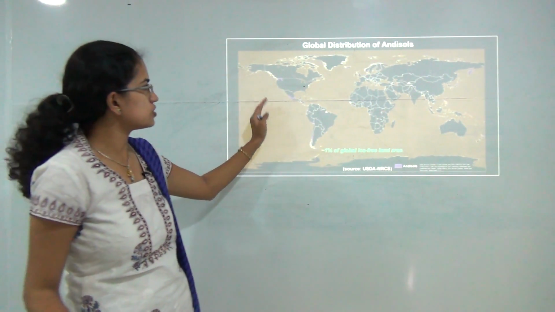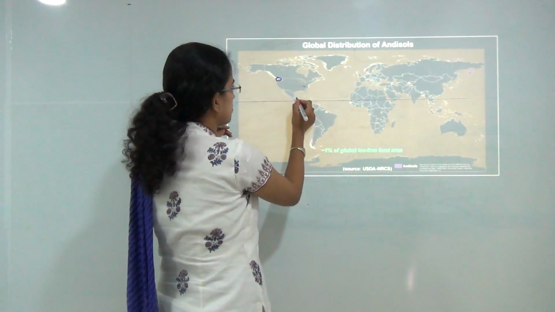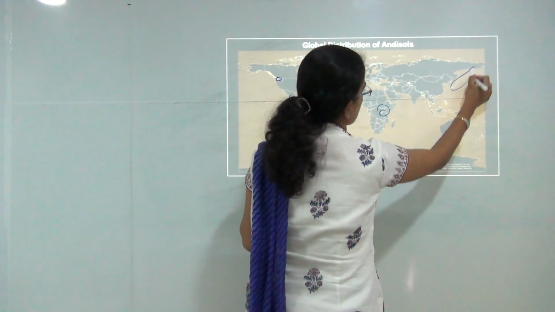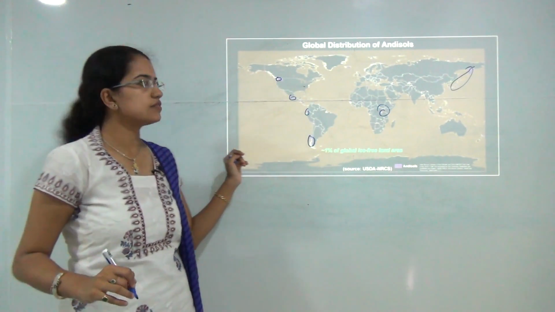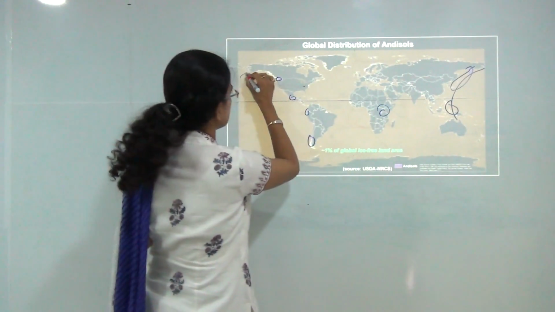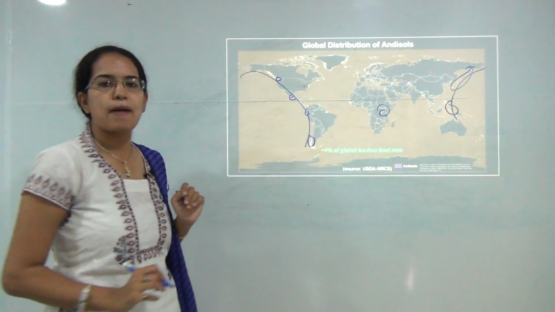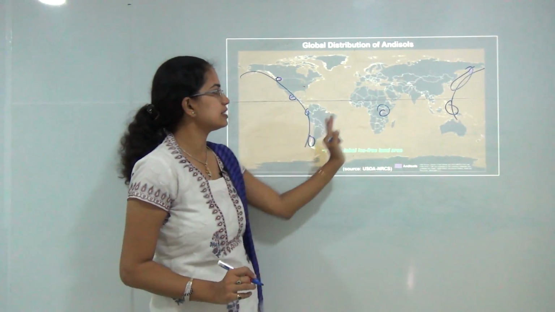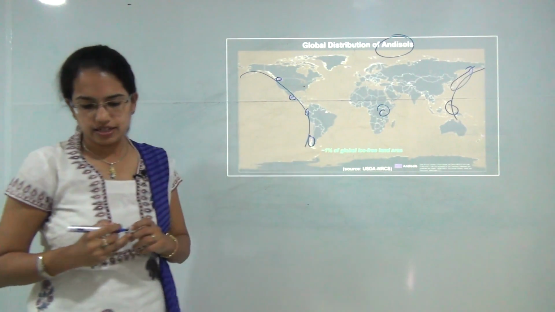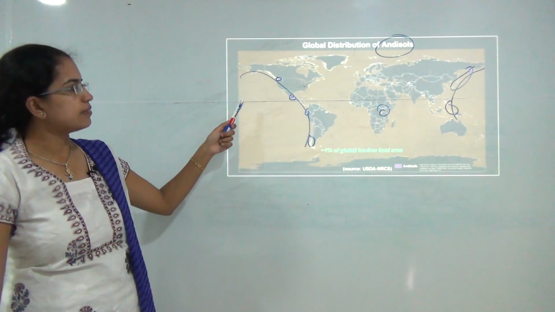The next is Andisols, commonly seen around the border areas. These are some of the common areas for Andisol soils, which is a kind of volcanic region. So you can see this region and this region come under the Pacific Ring of Fire, and the region adjoining this has Andisol soil, mainly due to the volcanic activities and limited leaching.